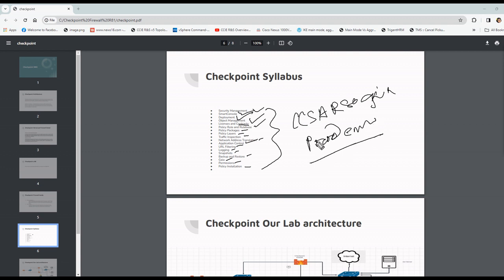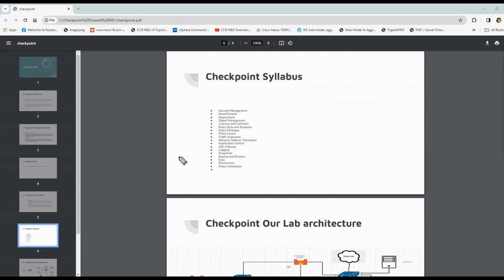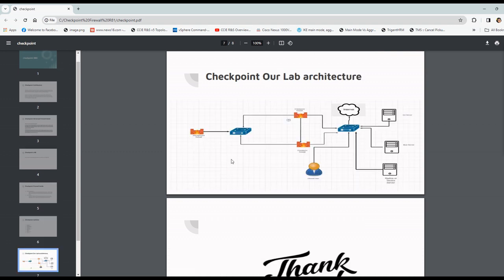So now the checkpoint lab architecture. What is the lab architecture in my lab? I want to show you the lab environment. I already told you this is a distributed architecture in my lab. Basically there is one management firewall and two gateway firewalls. I will also show you high availability, HA, which is most important.